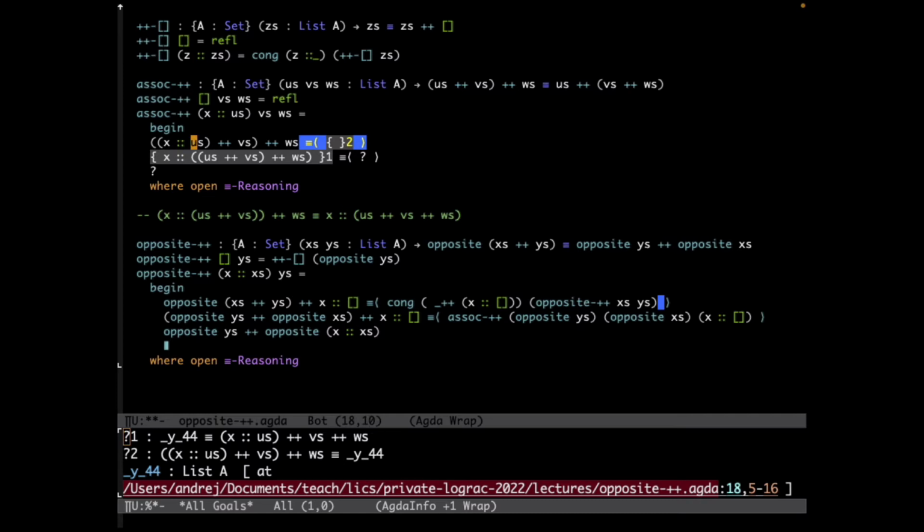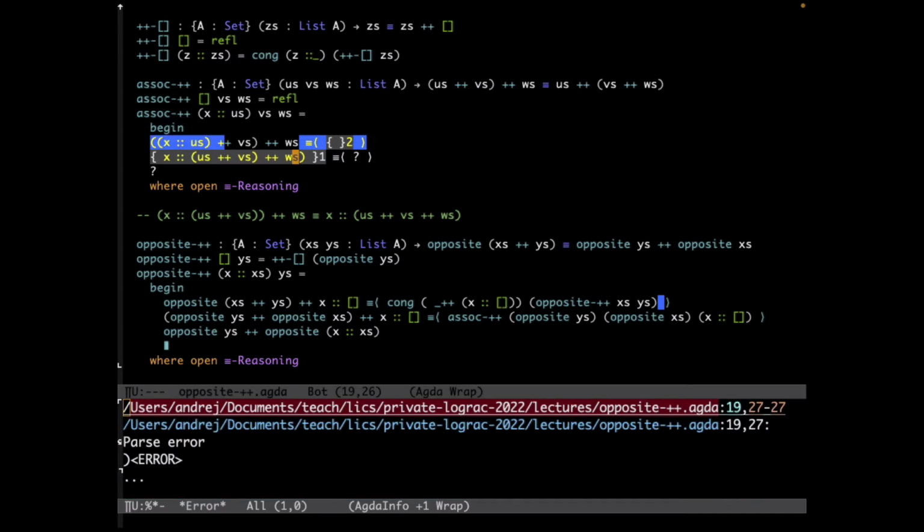Okay, let's see, because plus plus will recurse on the first argument. So I think maybe it will not say this, it might not do that, but it might do that. Oh, but that's the same. Okay, anyway, if we think that it's an easy step, then what we do is we write down this thing here.